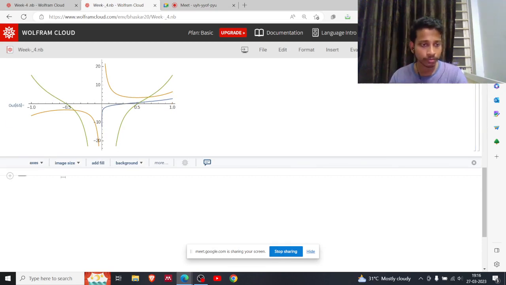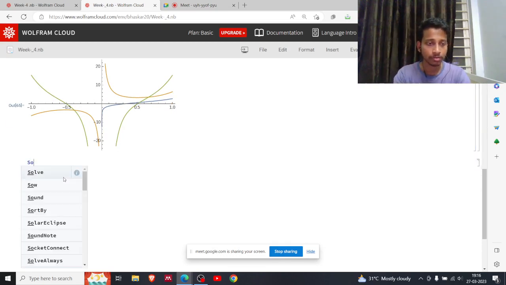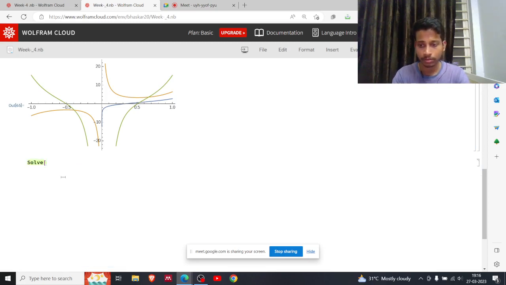Now using the Solve function, x to the power 2 plus log x.